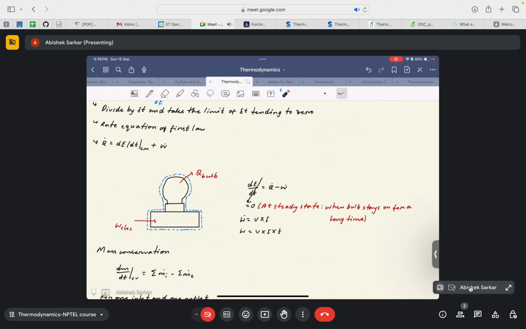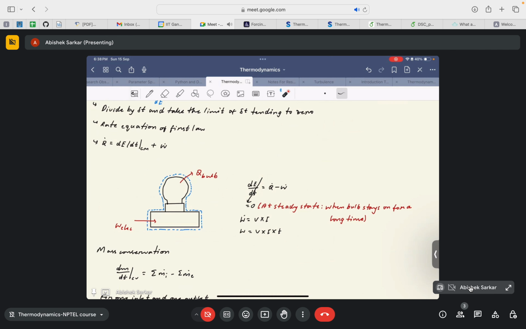To find the net electrical work done on the bulb, we know the equation for it: V into I into t, or I square R t using Ohm's law. We can use either. Right now we just use what is given in the lecture.